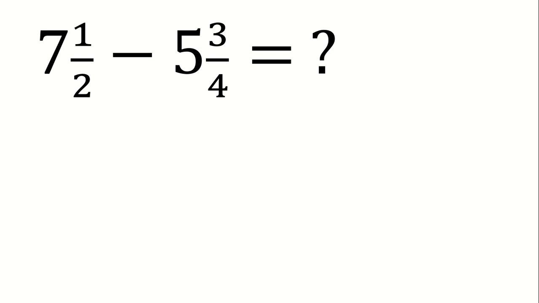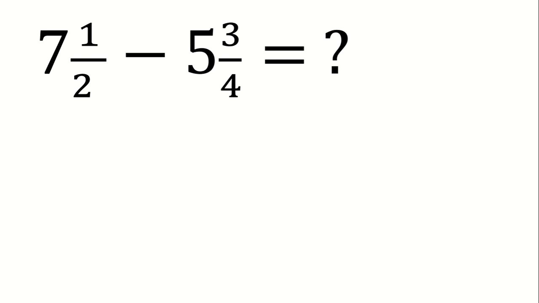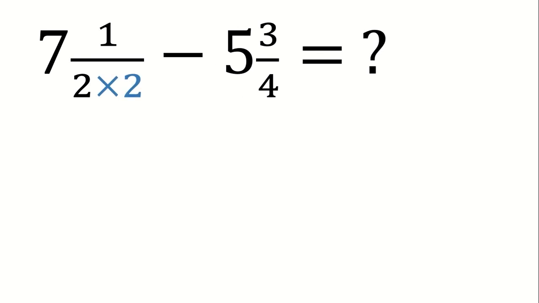To reach the common denominator, we have to multiply the denominator of 1/2 by 2 to reach the number 4. And to keep the fraction equal, we have to multiply the numerator of the fraction by 2 as well.